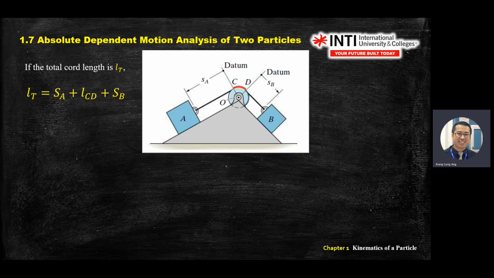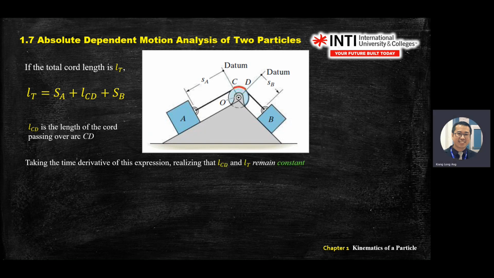So in this case, SA plus L of CD plus SB. Then we take the time differential, because we want to find the relationship between A and B.